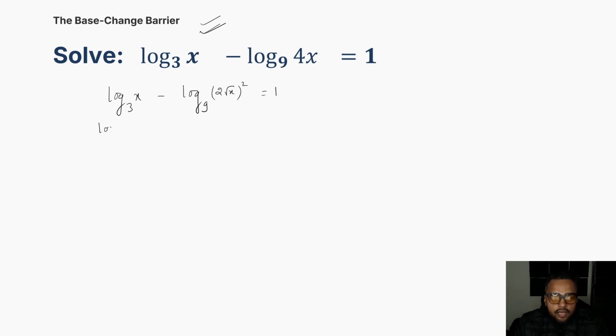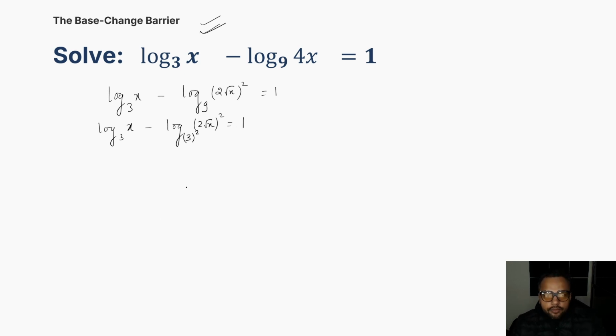Similarly, again I'll write this for you, log x base 3 negative of log. Now the base of the second log is 9. Now 9 could be written in the form of 3 square. And the argument I have already written, it is (2 root x) whole square, equals 1.